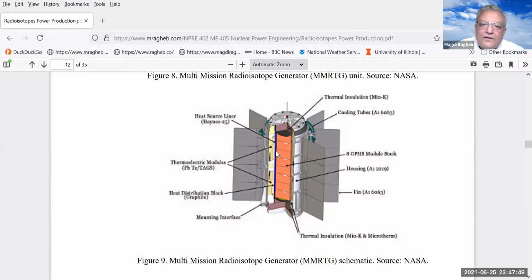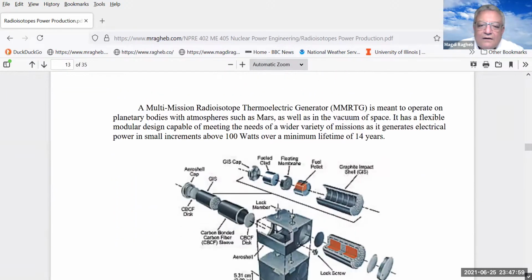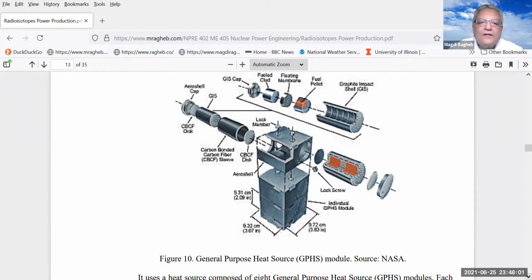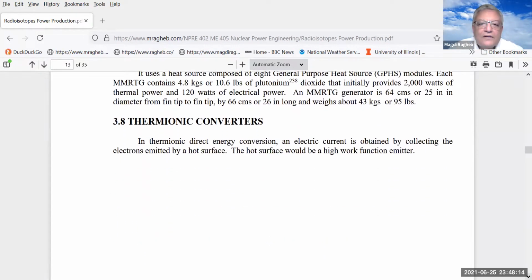So that would be the hot part of it, and the cold part is radiation into space. And this is from NASA. And this is more of the detail where you have, in that case here, the radioactive isotope and how the radiation is converted into electricity.